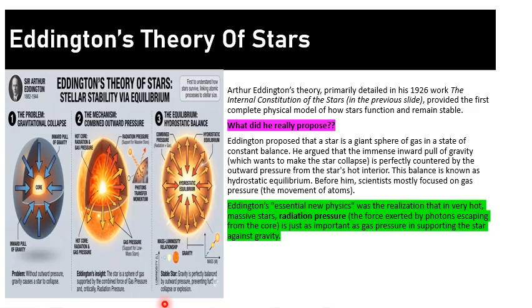So his argument was that this inward pull of gravity of a star that tries to pull the matter inside towards the core, trying to collapse the star, is perfectly countered by the outward pressure of the radiation and the gas of the star.